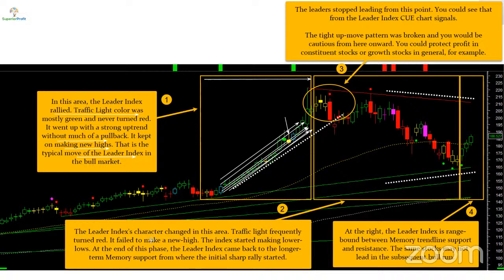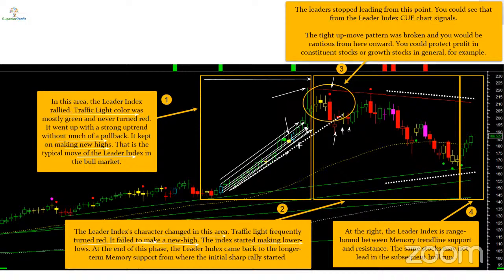Now see number 2. The leader index now changed character. Traffic light candle color frequently turned red, lots of reds. It failed to make new high. This was the peak with a long upper tail. After that, it failed to make new high. The index started making lower lows.